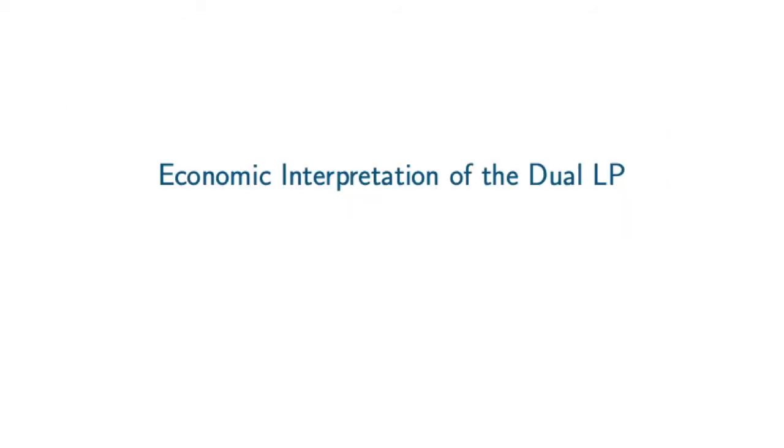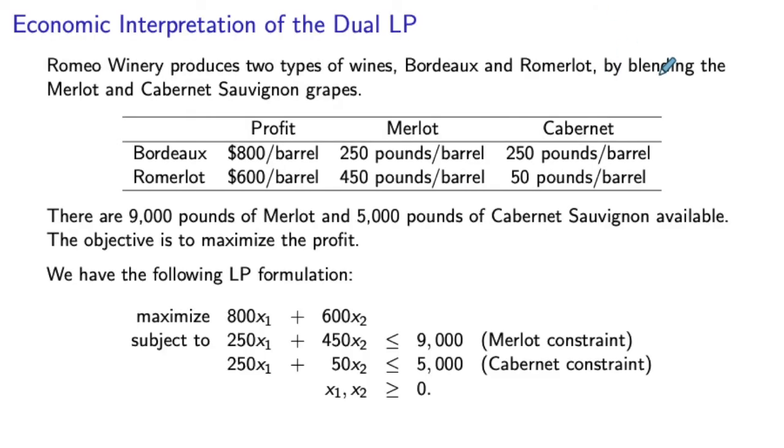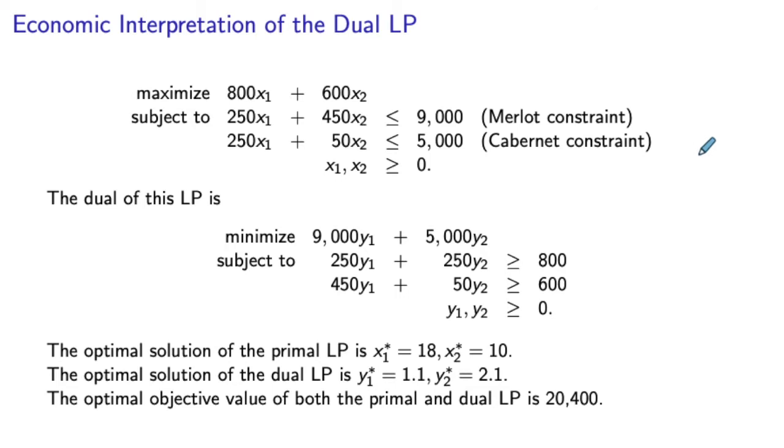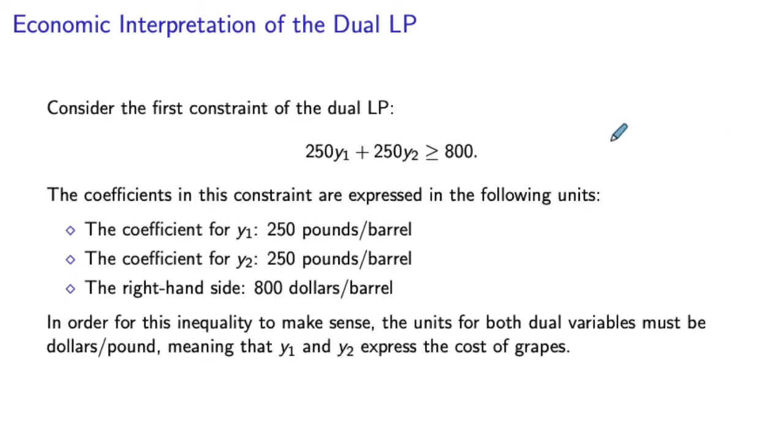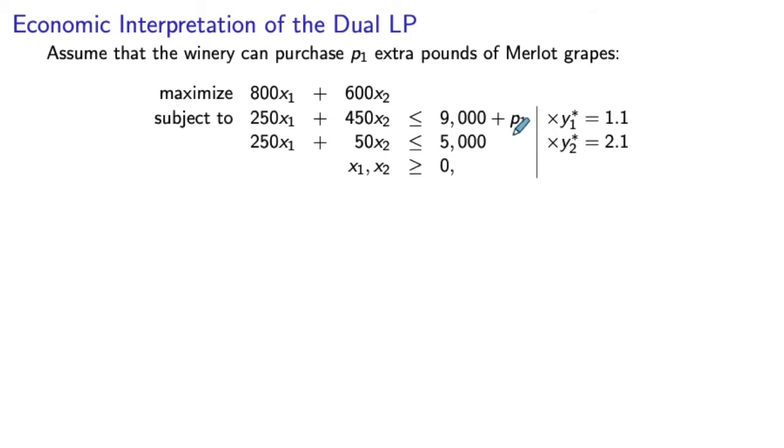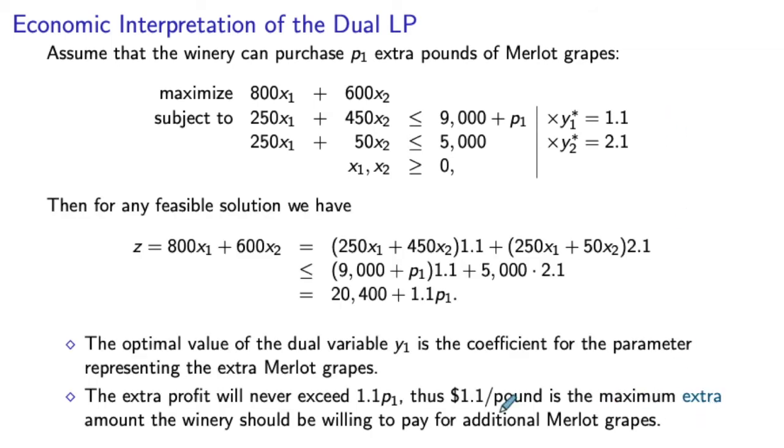Then we discussed the economic interpretation of the dual LP and its optimal solution. We saw that essentially the optimal solution of the dual LP gives you the marginal utility of the corresponding resource. For example, if you look at the first resource constraint in our problem here, then the corresponding value of the dual variable at the optimum will give you the maximum extra amount that you will be willing to pay for an additional unit of that resource.